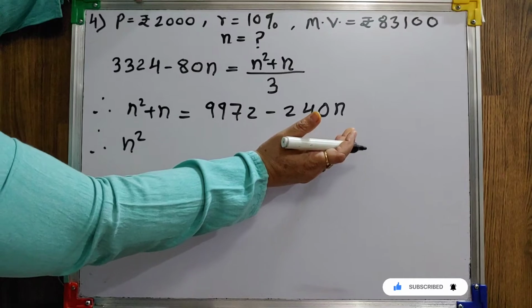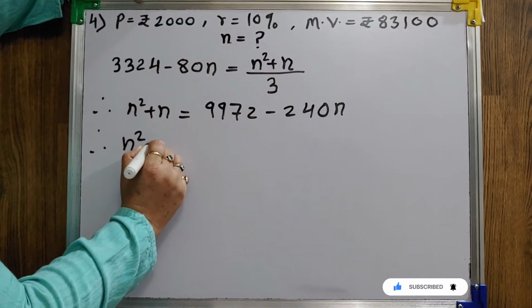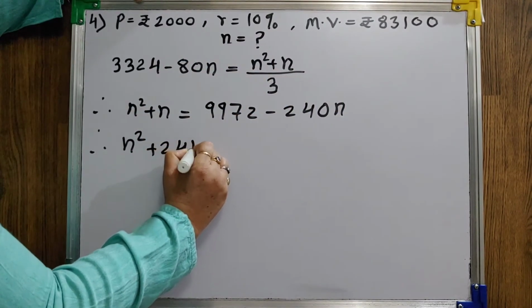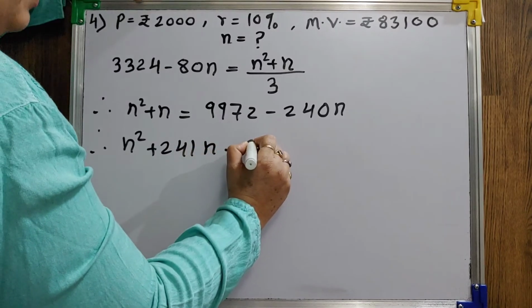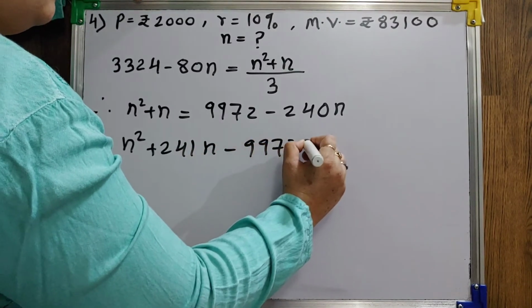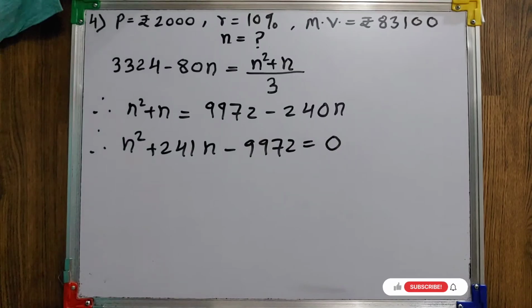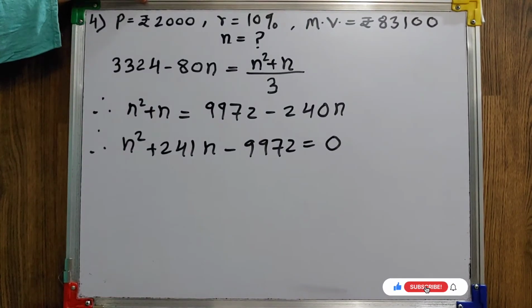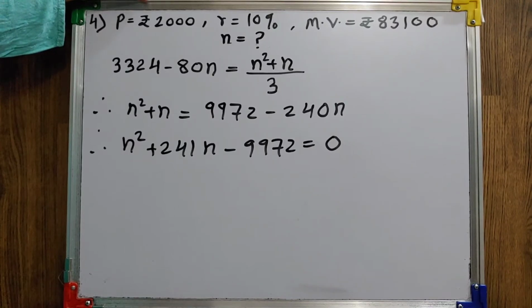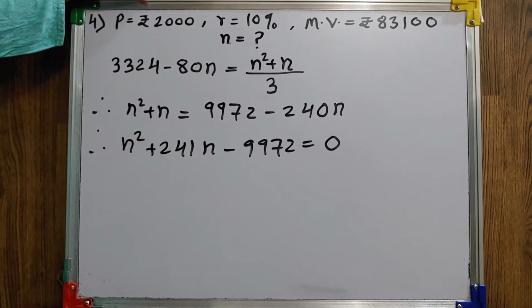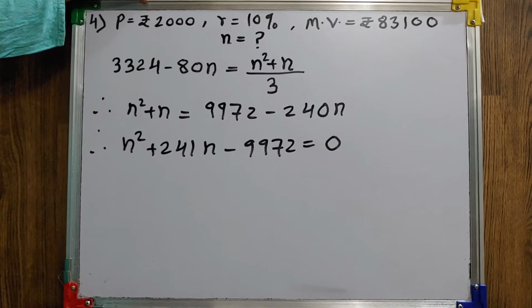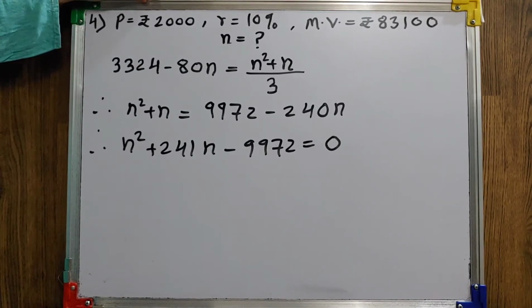Now minus 240 to this side plus 240, together it will be 241n minus 9972 equals to 0. Now this is a quadratic equation. You should find the two factors in such a way that their multiplication is 9972 and the difference is 241.